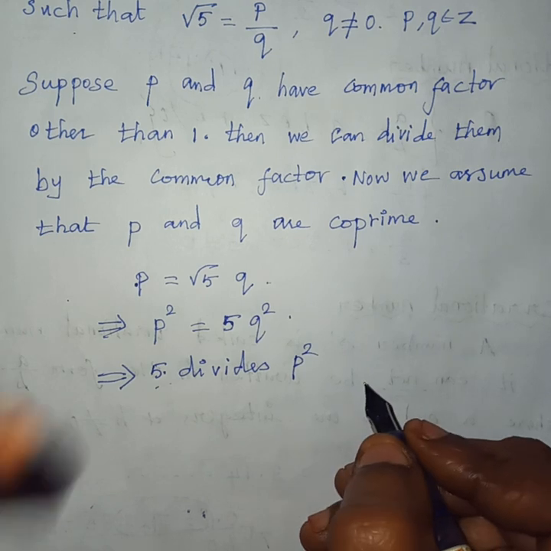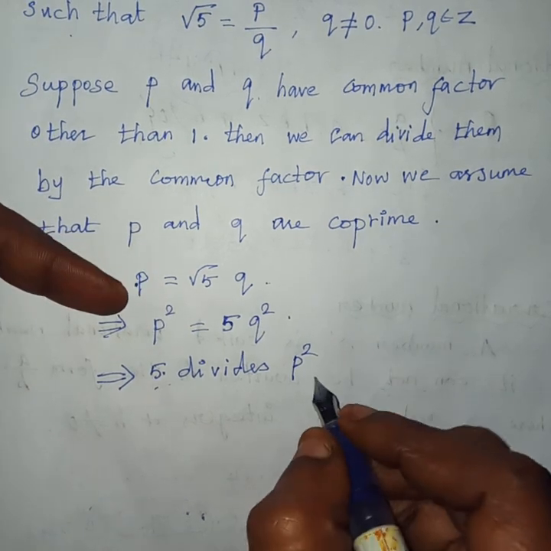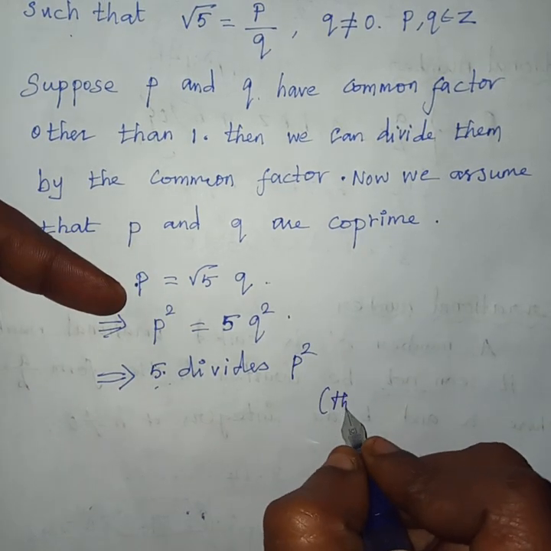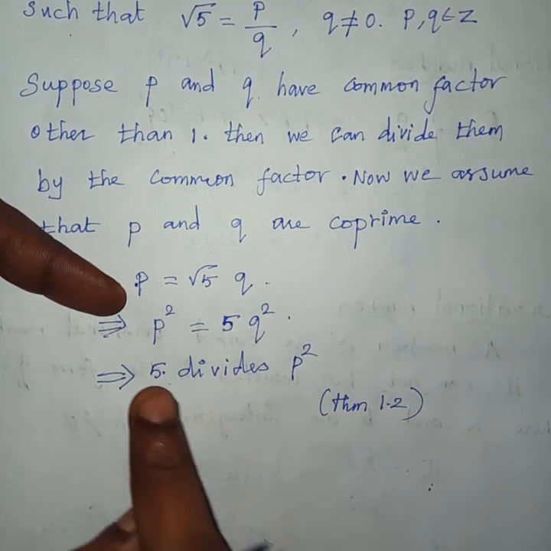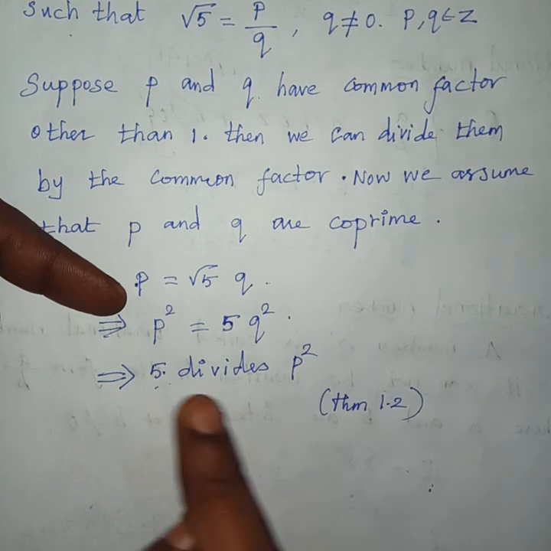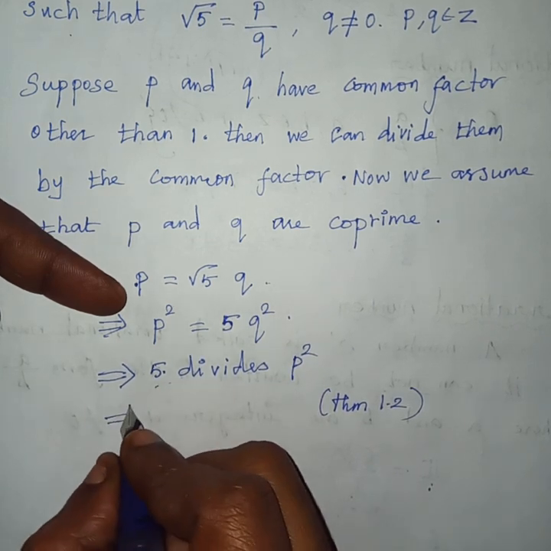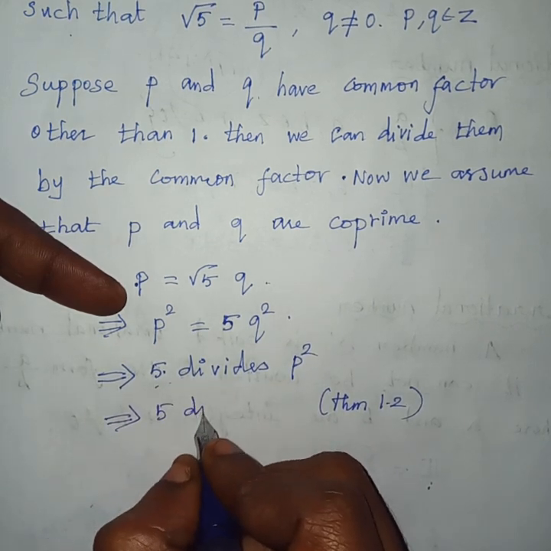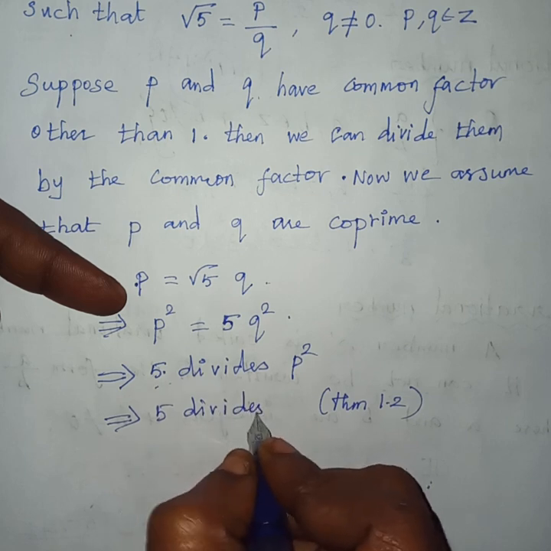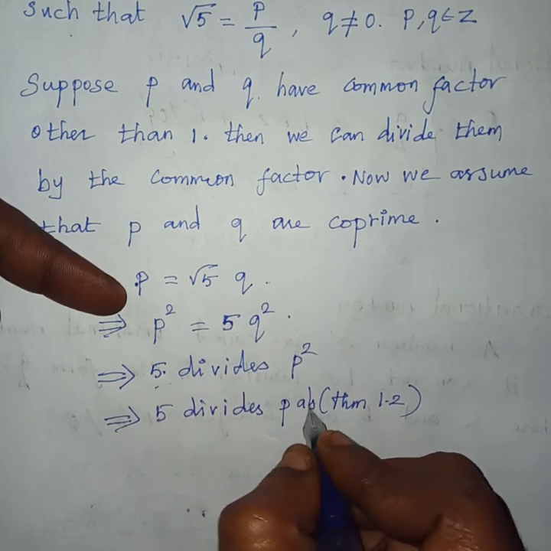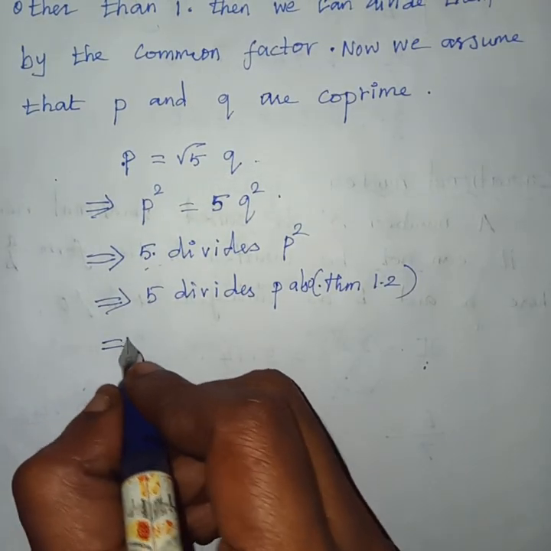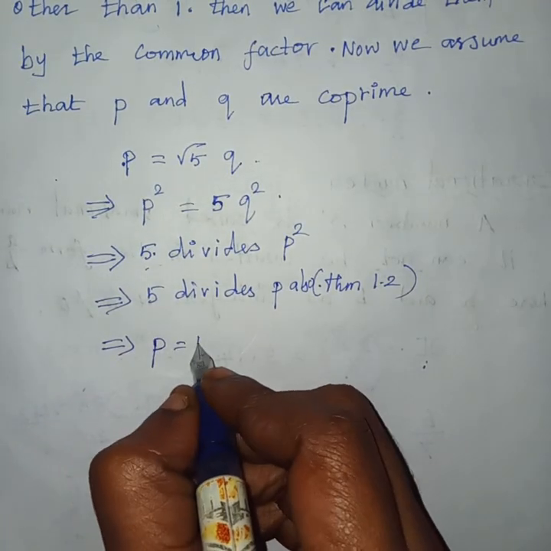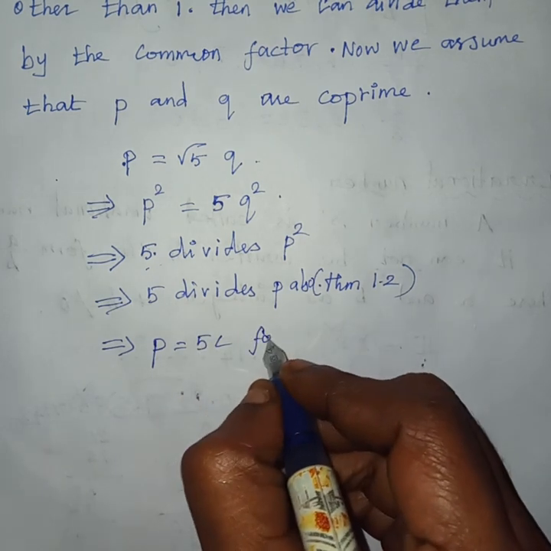So by the theorem we already studied, theorem 1.2, which says that if a prime number divides p squared, then it divides p also. So by theorem 1.2 we can write 5 divides p also. If 5 divides p, then we can write p equals 5c for some integer c.